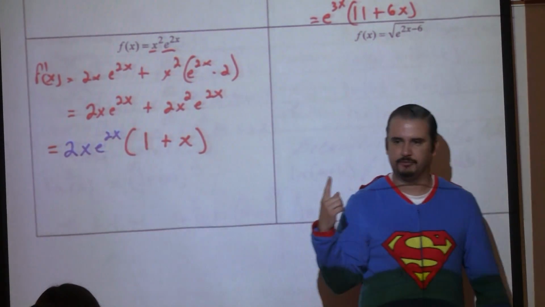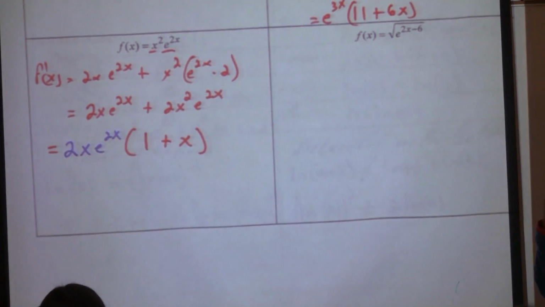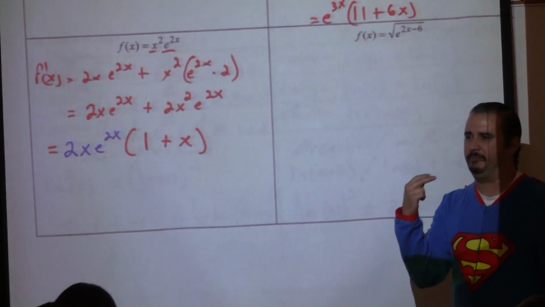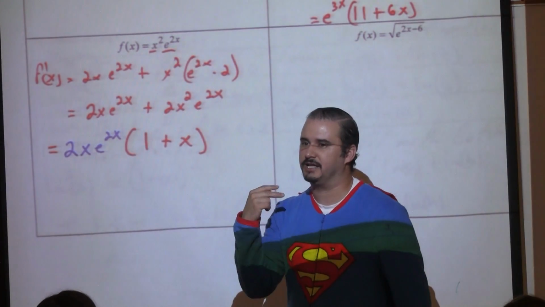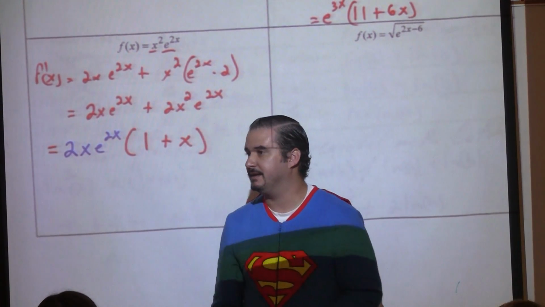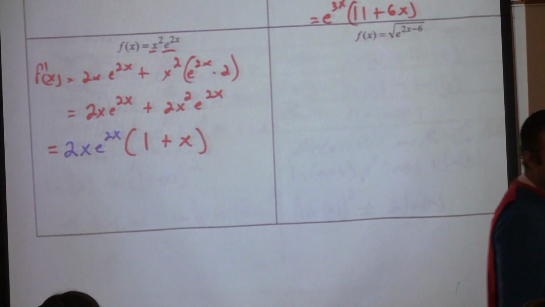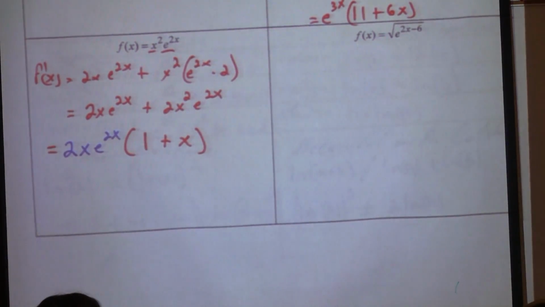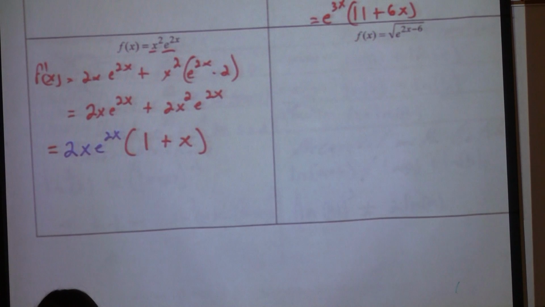When x equals -1. So how many critical numbers are there for this problem? 2. Remember what happens at critical numbers. We could have relative maxes or minimums, or they could just be a horizontal tangent line, which might not be a max or a min. I would have to check the signs.